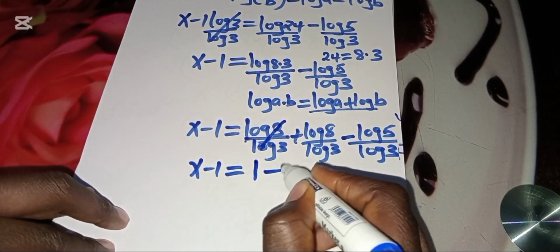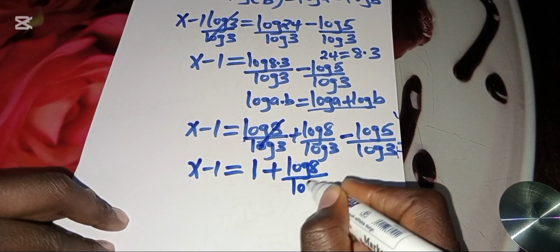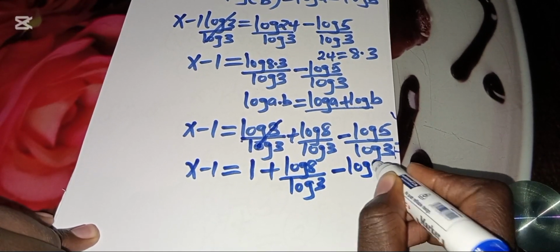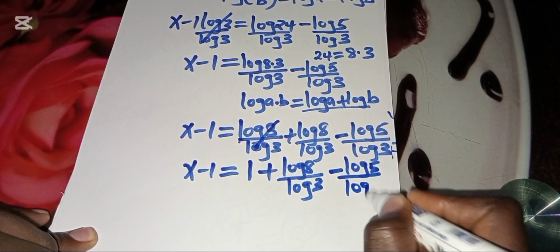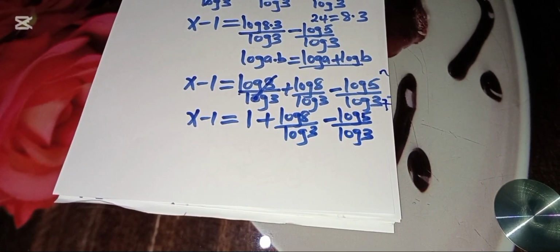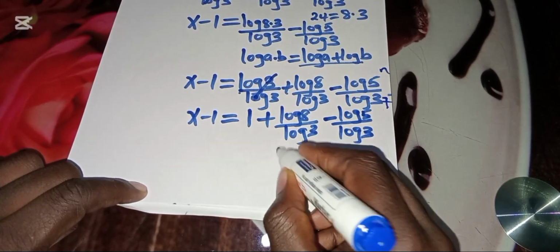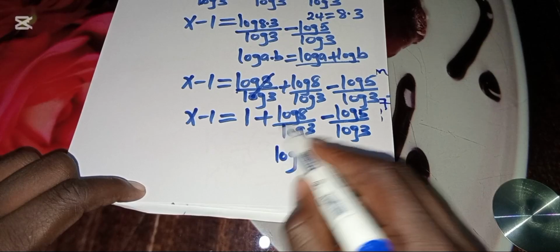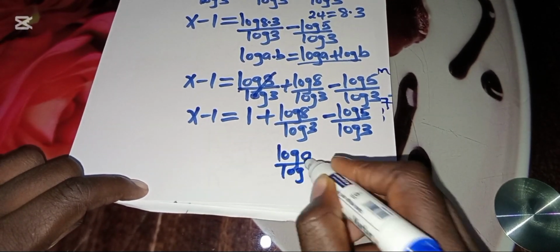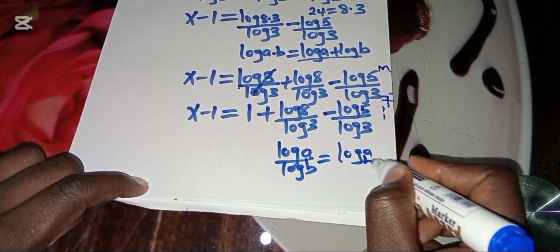You'll have 1 plus log 8 divided by log 3, subtract log 5 divided by log 3. All right, so from here, log 8 divided by log 3 and log 5 divided by log 3 are in the form of log a divided by log b, which you can express as log a to base b.